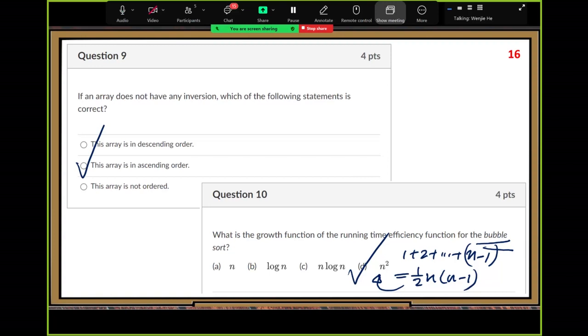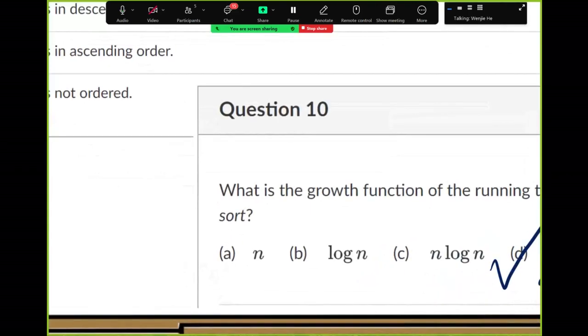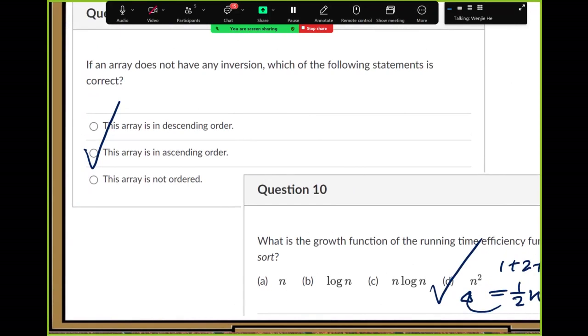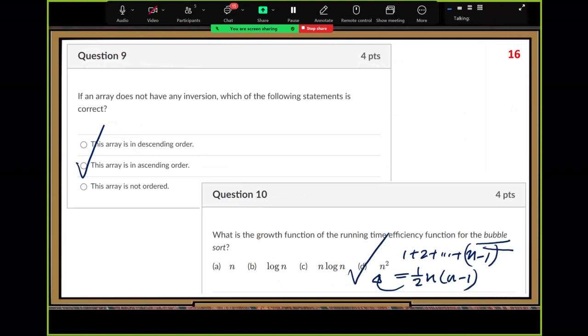But I need to get out of this. It's quite annoying. So how do I quit? How do I quit? Let me see. Yep, end the show.